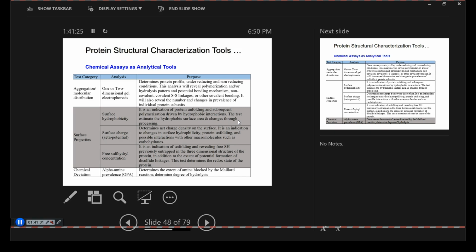Free sulfhydryl groups indicate the potential to form disulfide linkages. As the protein denatures, some sulfhydryl groups embedded within the interior of the protein can be exposed. This is another indication of unfolding and potential polymerization of the protein via disulfide linkages.